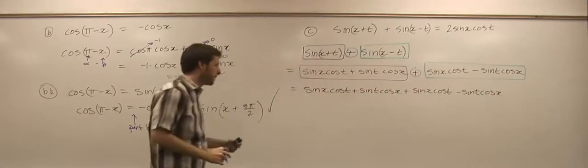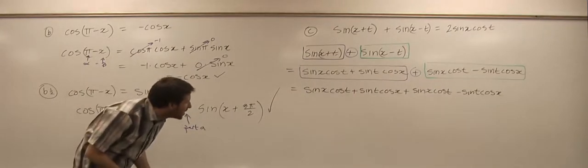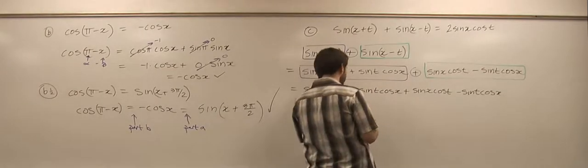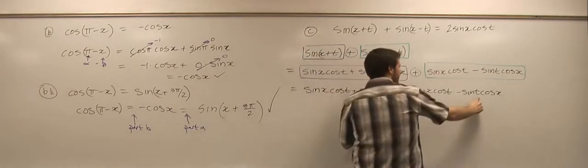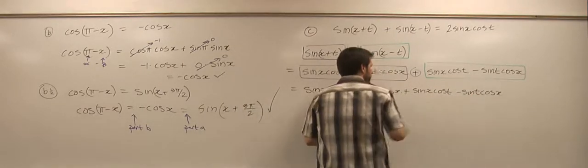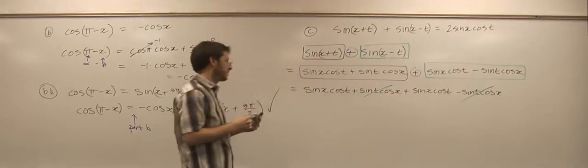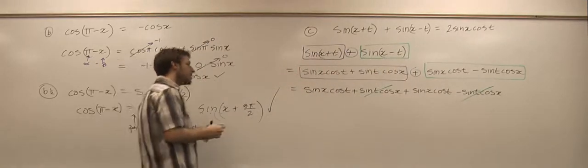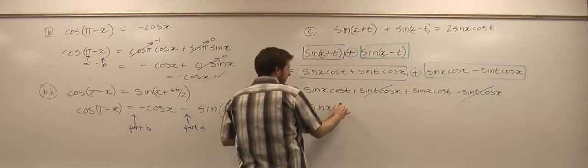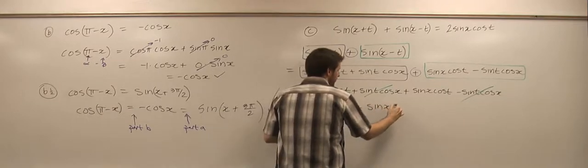So what happens? What cancels? Second and fourth. We have a sine t cos x and a negative sine t cos x, so 1 sine t cos x minus 1 sine t cos x goes to 0. Then the only thing left are exactly the same term: sine x cos t plus sine x cos t.